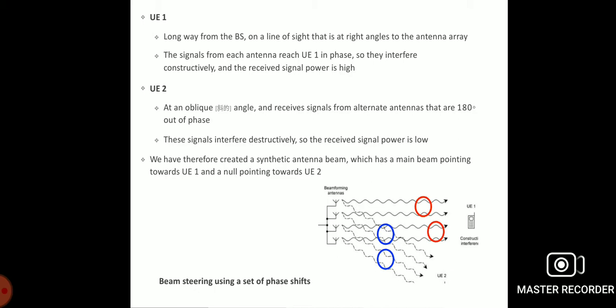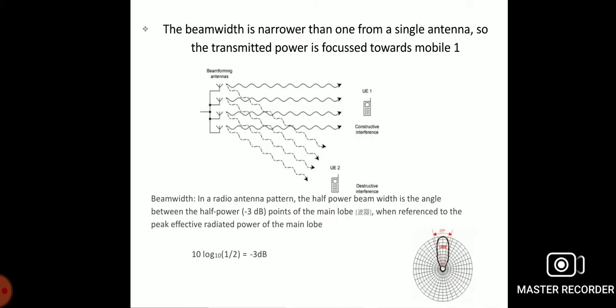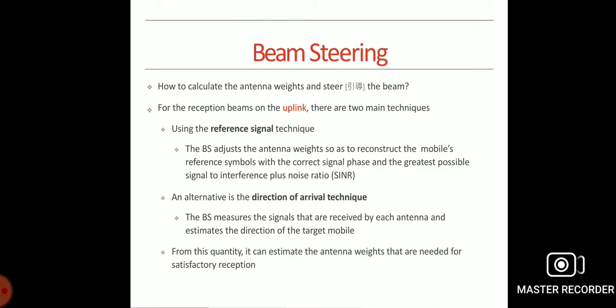Now we can move to beam steering. Here, how do we calculate the antenna weights and steer the beam? For the reception of the beam on the uplink, there are two main techniques.